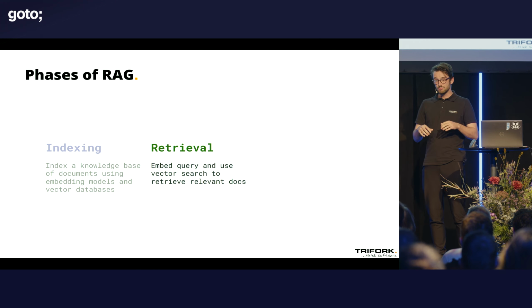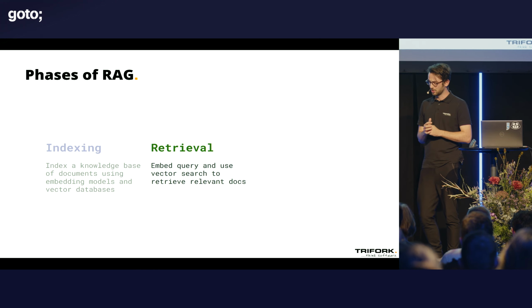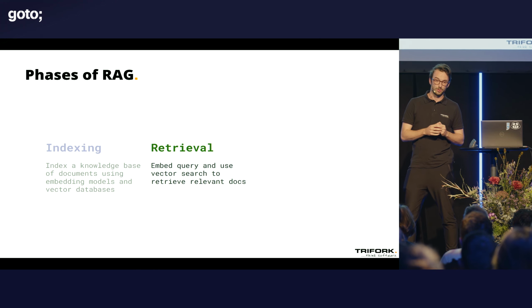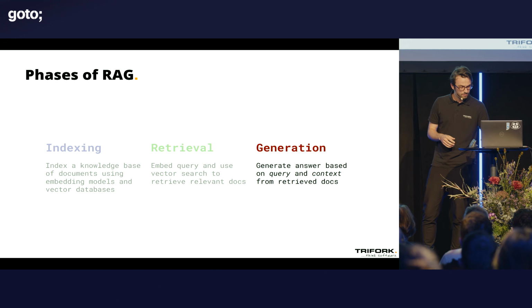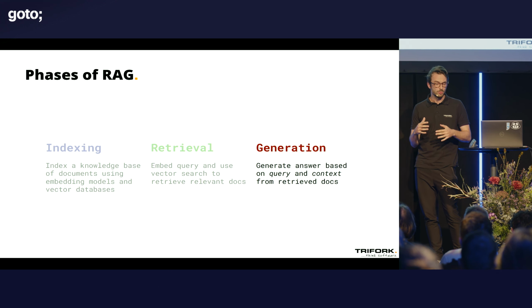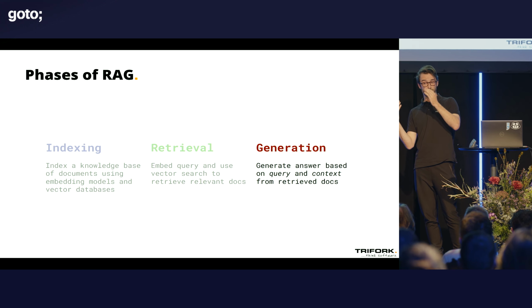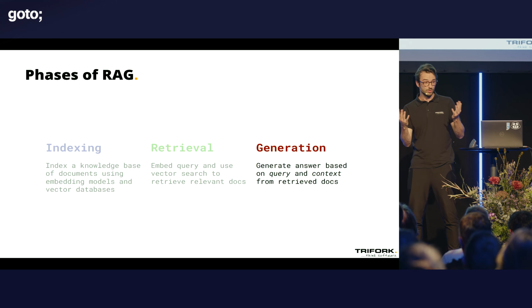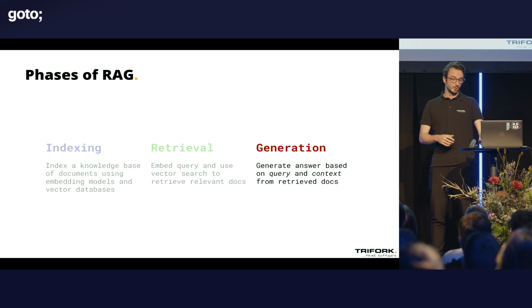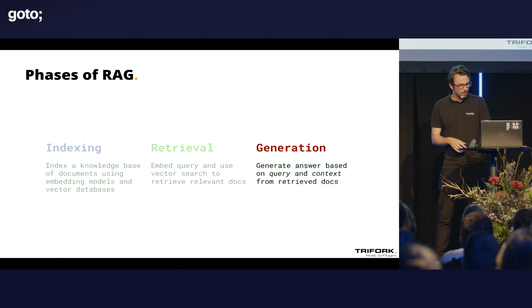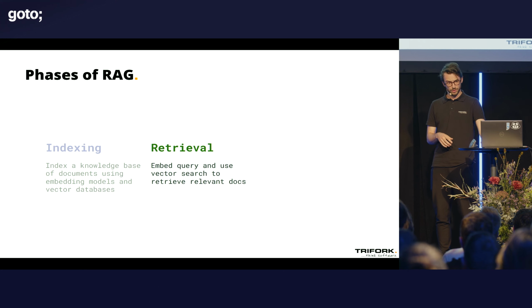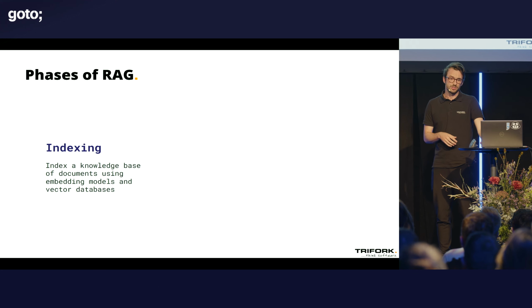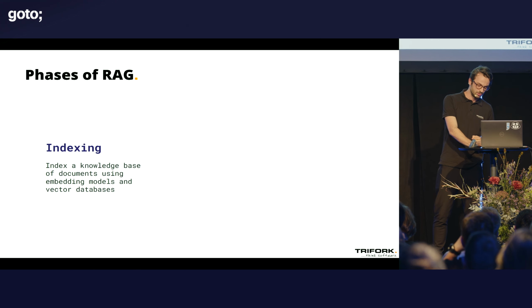And then you can use similarity search or vector search to find the relevant documents for your question. And then in the end, you have the generation phase where you supply both the relevant documents as context and the query to answer questions or get your output for the pipeline. And in this talk, I'm going to be focusing mostly on the retrieval phase and the indexing phase because RAG is very dependent on retrieving the right documents to answer your question.